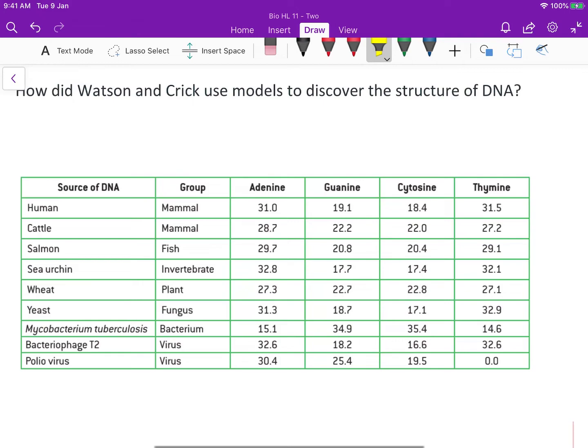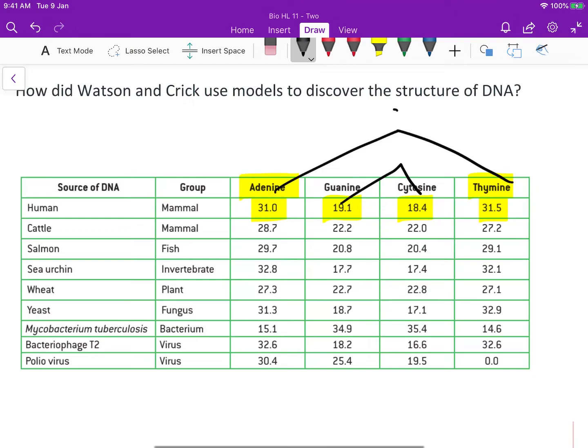Well, let's have a look. Adenine is 31% and thymine is 31.5. Cytosine 19.1, 18.4. What conclusion can we draw?